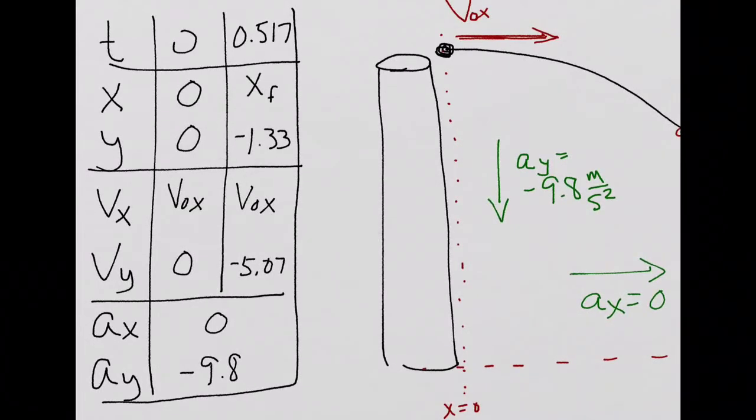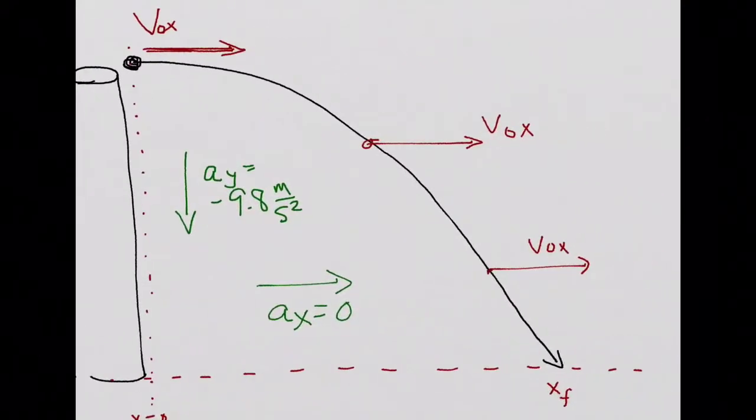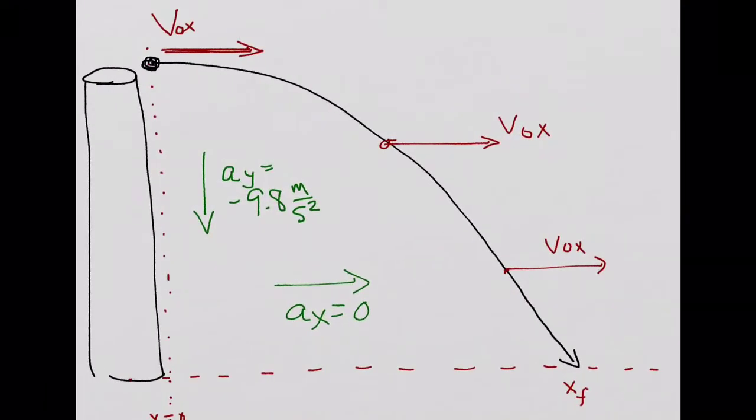In the vertical direction we have a situation of constant acceleration. In the horizontal direction, though, there's no acceleration, so we have a situation of constant velocity. So let's see what we know in that situation. We do know that v equals delta x over delta t.